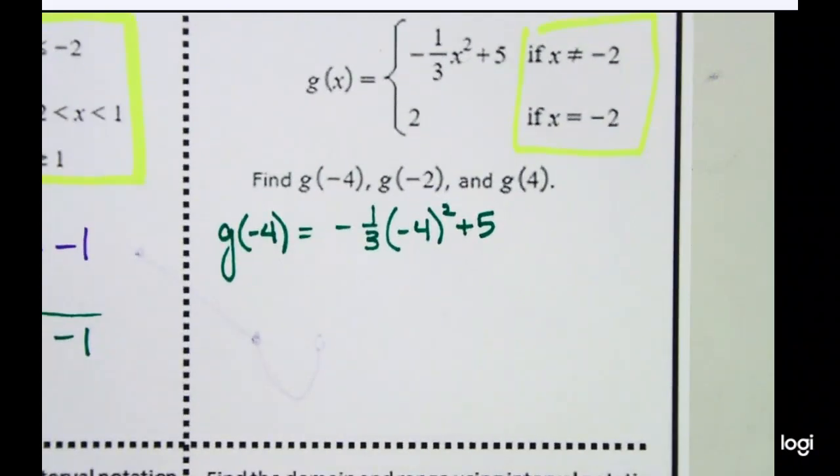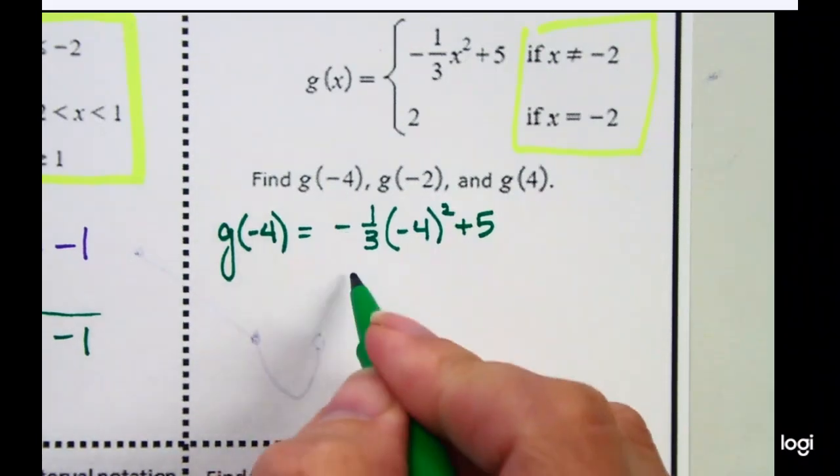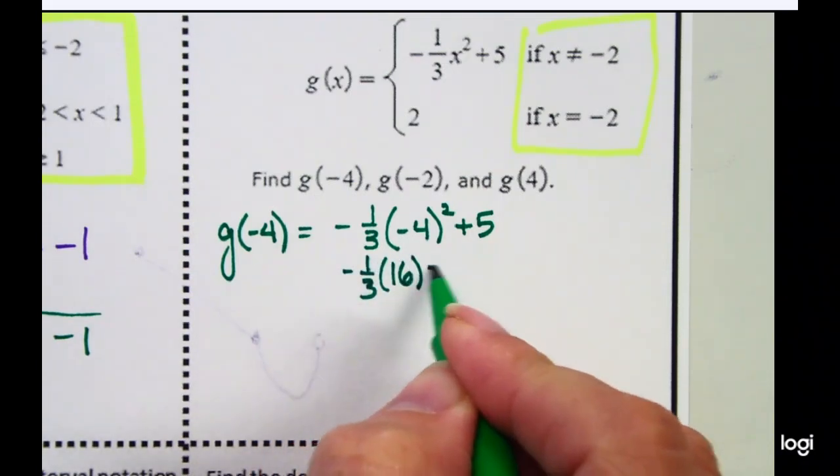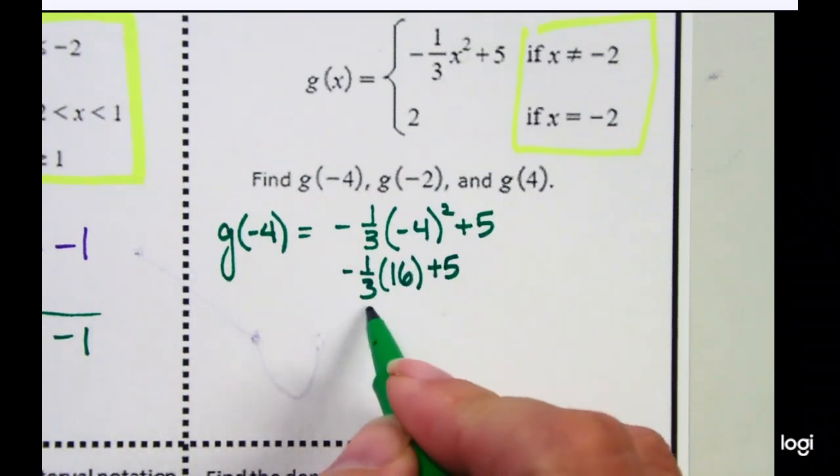Remember to do your order of operations. That will get you in trouble today if you don't stay on top of that. And if you don't love fractions, can you use your calculator? For sure.